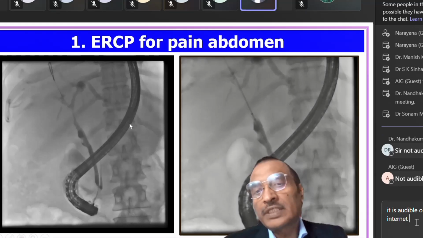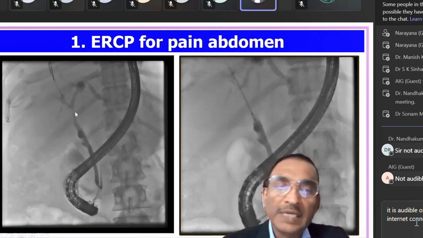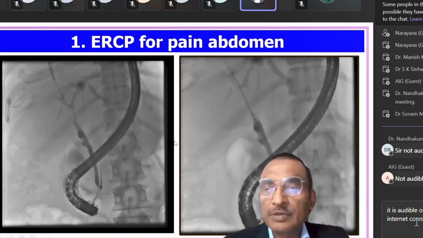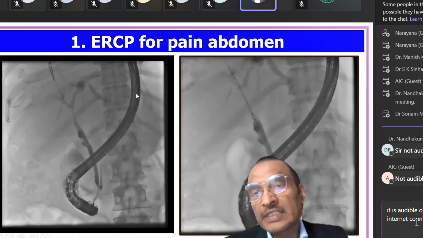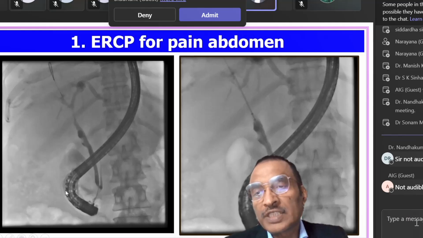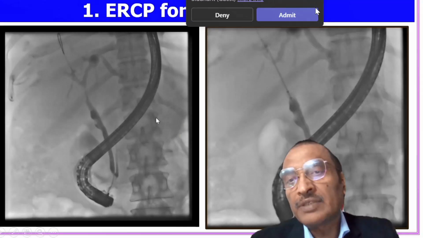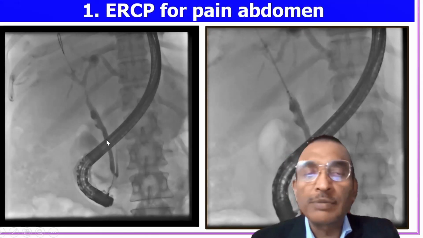So coming back to this study, this is a scope, this is the cholangiogram, and this is the pancreatogram. So you have to recognize which is the bile duct and which is the pancreatic duct. Most of the time it is pretty easy, but the rule of thumb, when you are doing scopy in the short scope position, this is the short scope position, is that if the duct crosses the scope before crossing the vertebra, then it should be the bile duct.